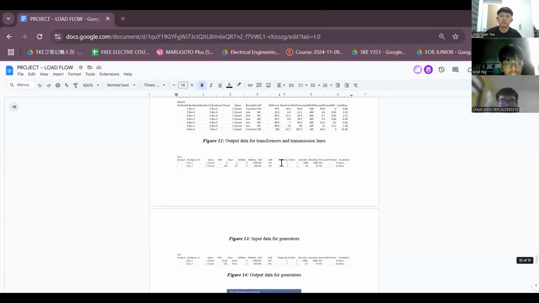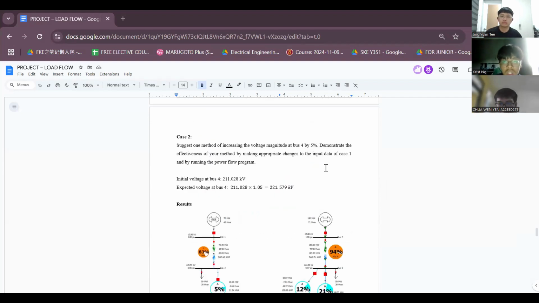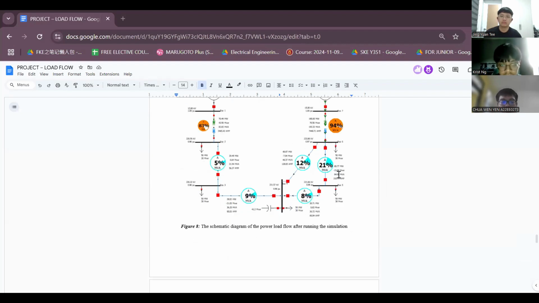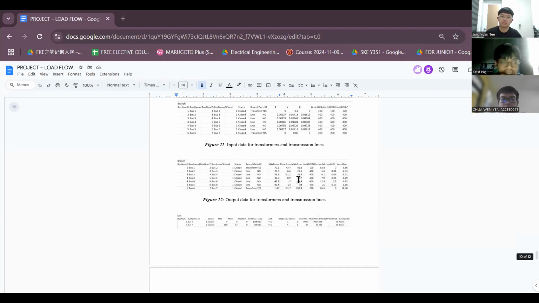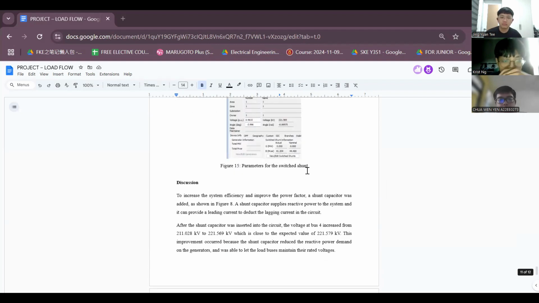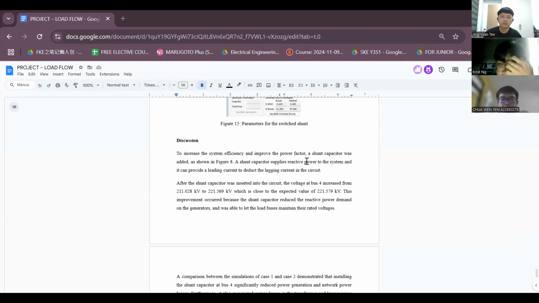For case 2, we need to suggest a method to increase the voltage magnitude at bus 4 by 5%. To increase the voltage at bus 4 by 5%, a shunt capacitor is added, because the capacitor provides reactive power and provides a leading current to cancel the lagging current in the circuit.